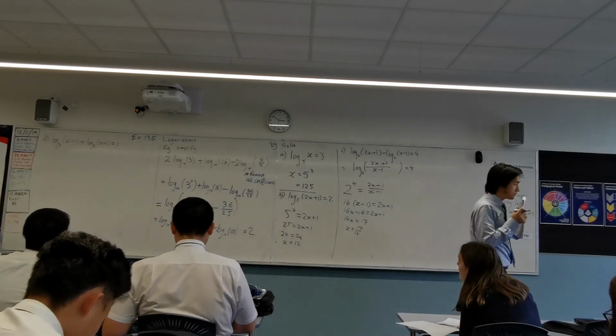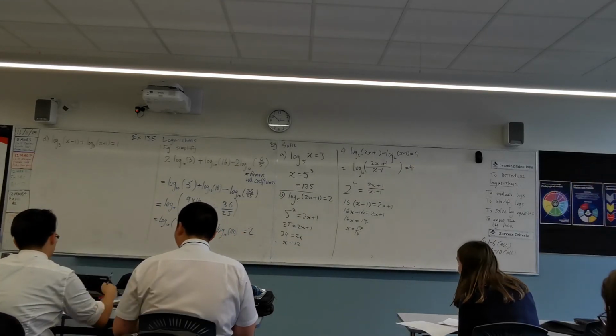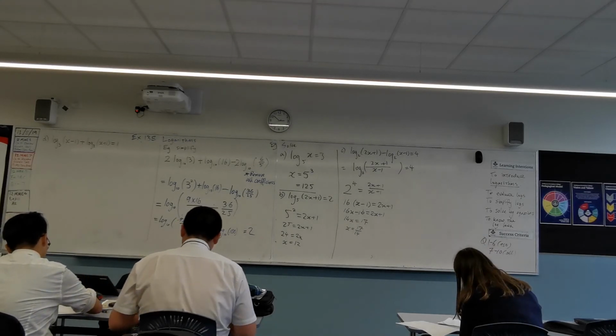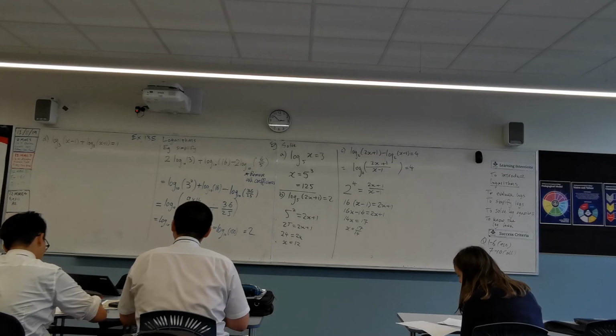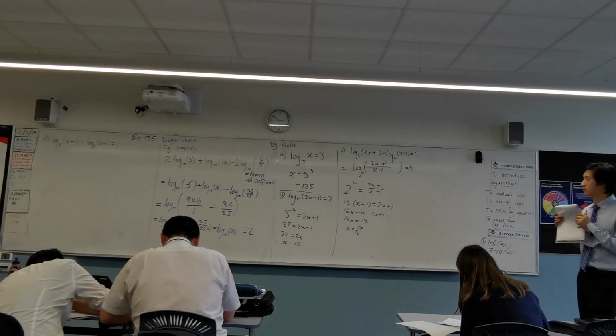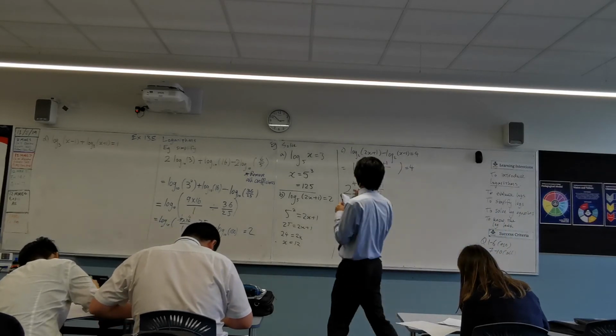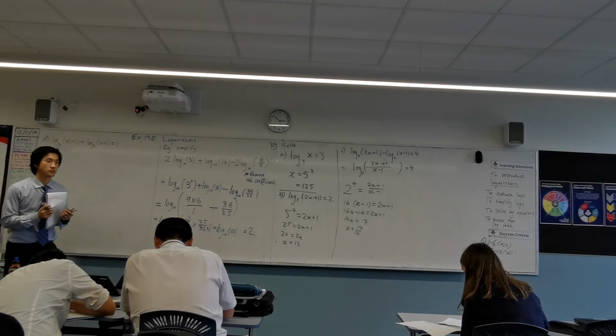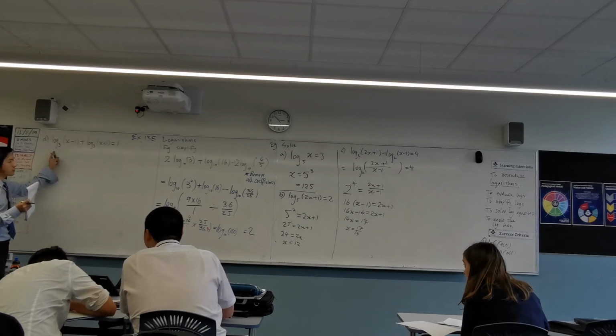This is our last one. Looks very similar to the previous example, where instead of a minus, we've got a plus. Sonia, what do you think? What should be our first step?